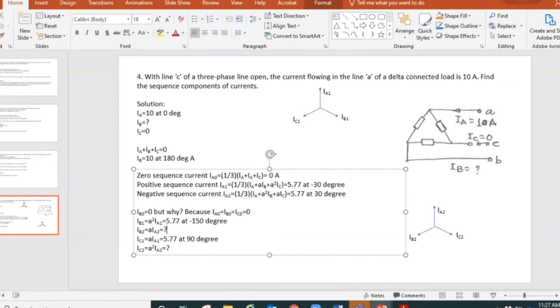For IB2, I'm getting 5.77 at an angle of 150 degrees. Yes, that is correct. 5.77 at an angle of 150 degrees. I'm not writing the ampere here. You must not make that mistake.